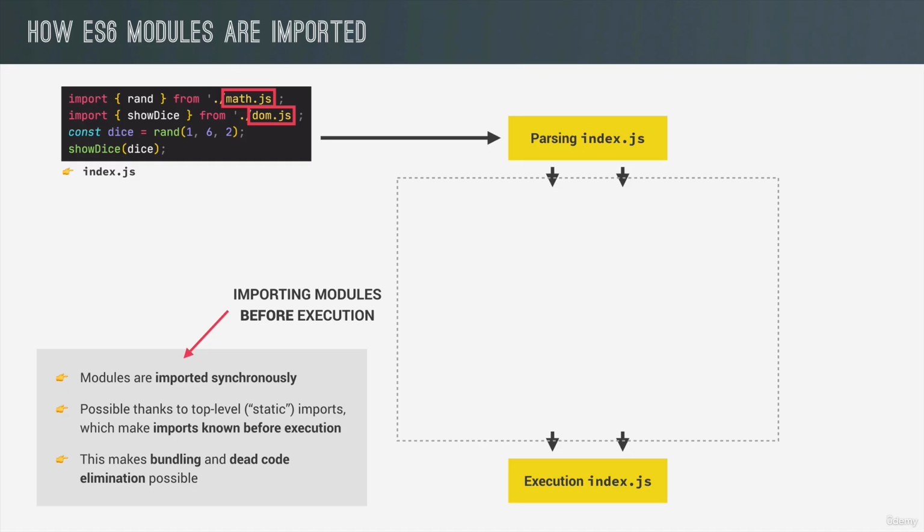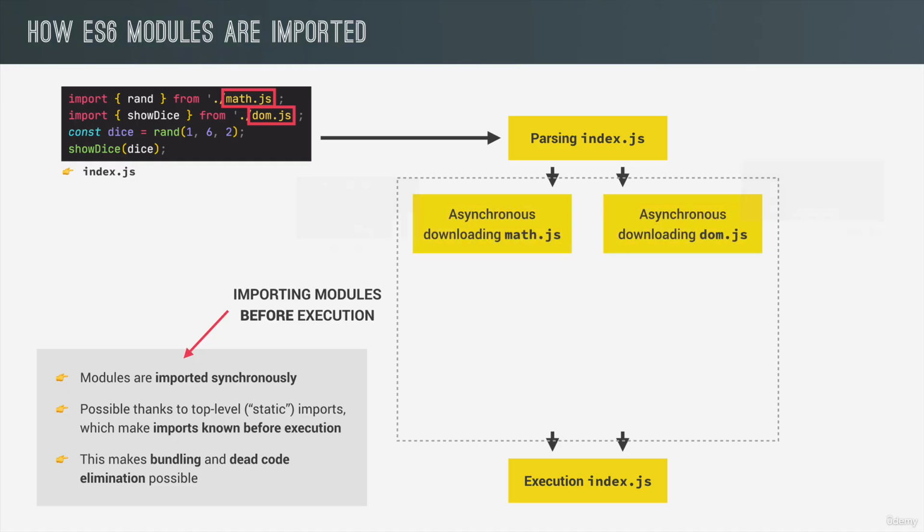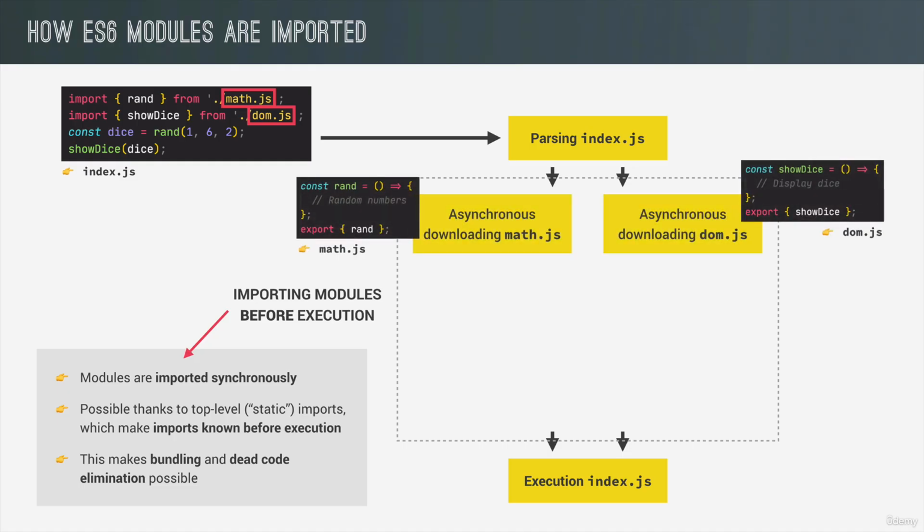But now let's move on here. After the parsing process has figured out which modules it needs to import, these modules are actually downloaded from the server. And remember, downloading actually happens in an asynchronous way. It is only the importing operation itself that happens synchronously.